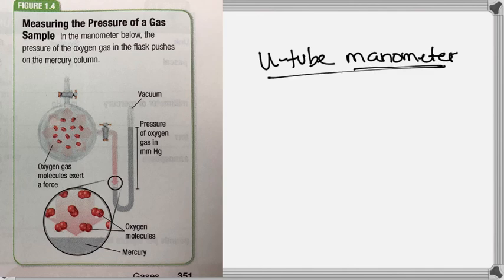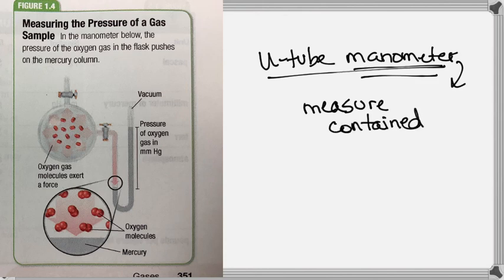And manometers, unlike barometers, measure contained gas pressure. So let's say you have a gas grill at home and you want to know what the pressure is inside of that gas propane tank that's in your gas grill. You could use a U-tube manometer.